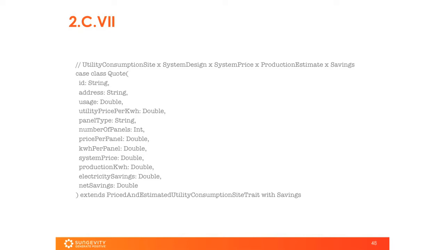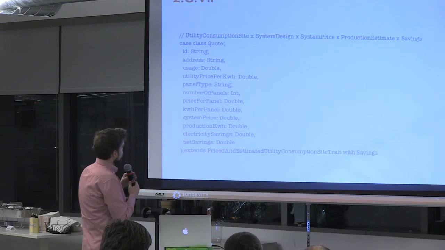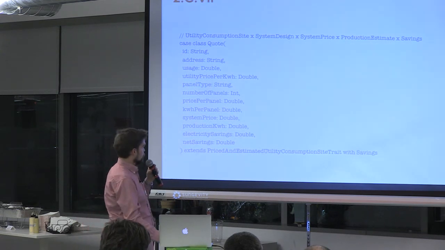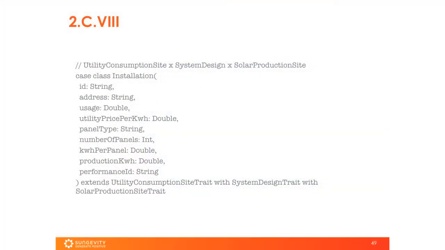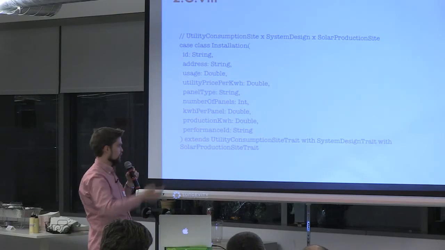So the quote then ends up being the thing that extends the priced and estimated utility consumption site with the savings. And now we get a big value that is the product set of all the others. Same here with installation, extending the utility consumption site, the system design, and the solar production. And crucially, I included this to show that we can leave things behind.